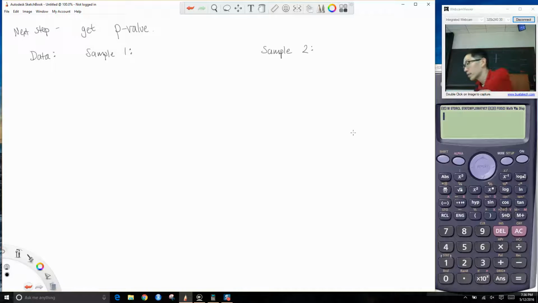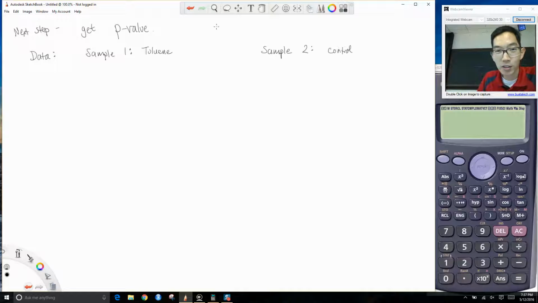So let's say we're looking at some rats, rat brains, and we exposed some to a drug, toluene, and then other rats we kept in a control environment.